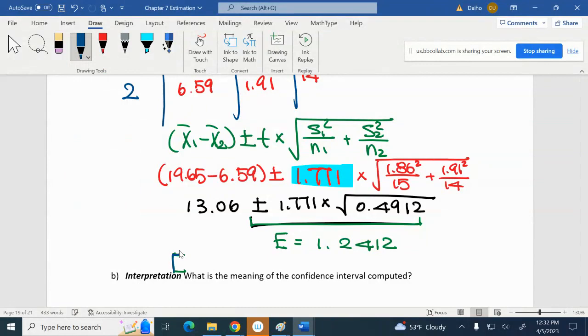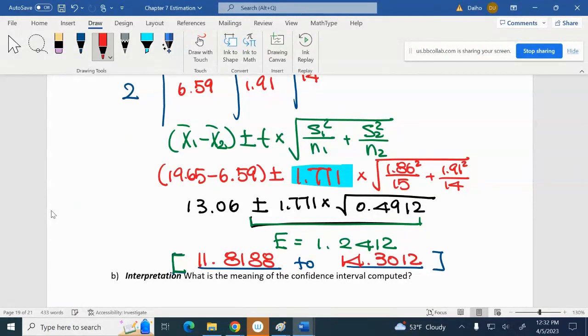Now let me take the lower limit to the upper limit. 13.06 minus 1.2412 is 11.8188, and the sum will be 14.3012.